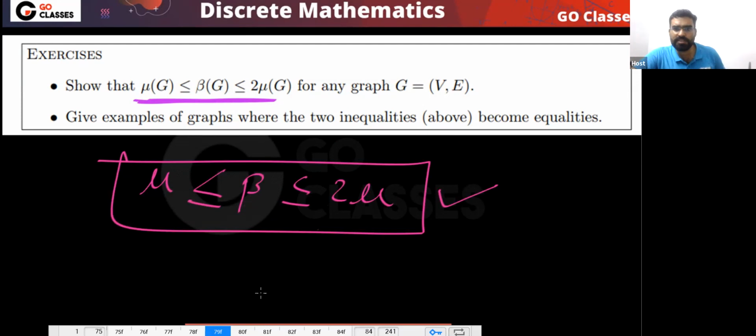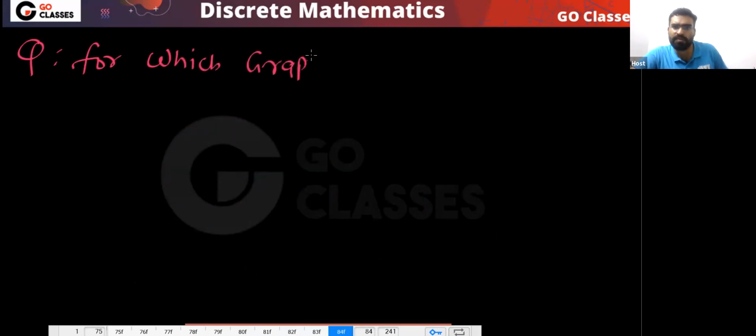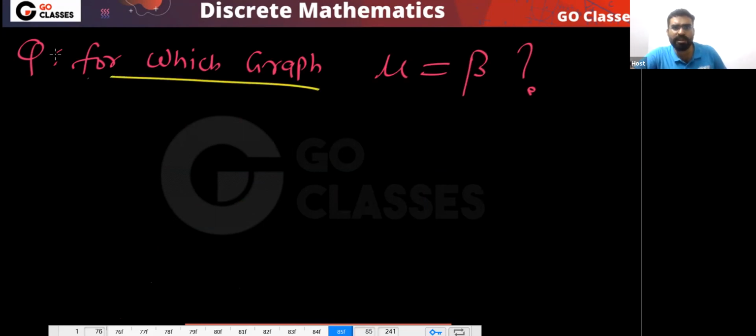For which graph, this is my question. For which graph will μ be equal to β? Can anyone tell me? Give me a graph.